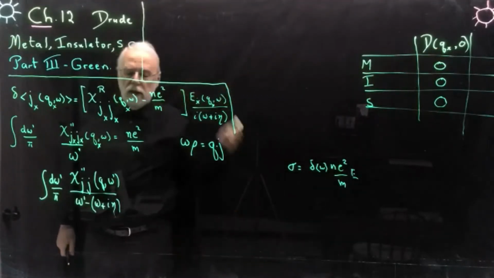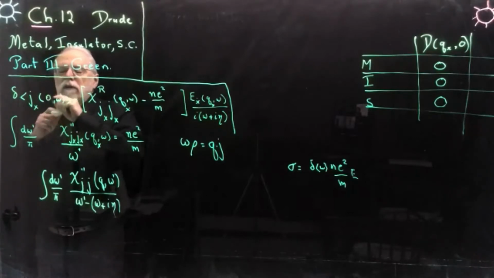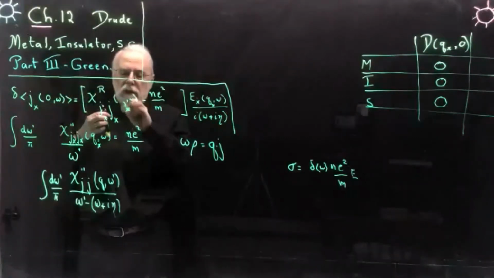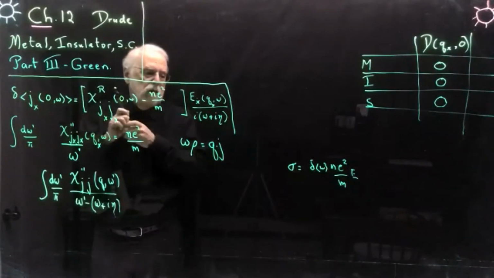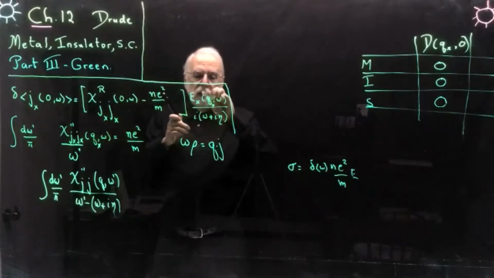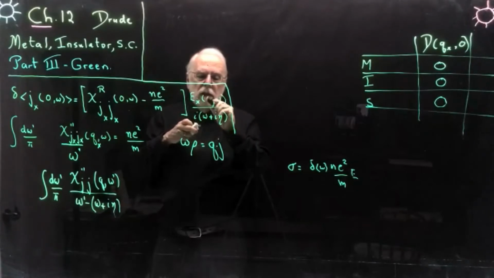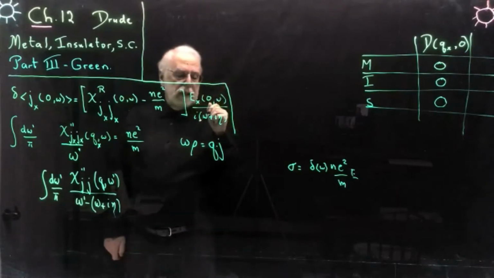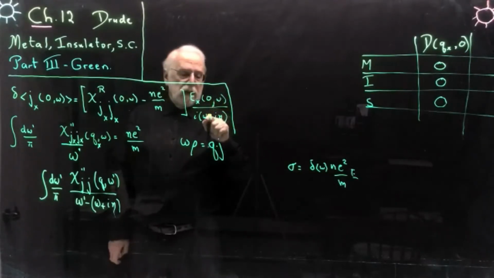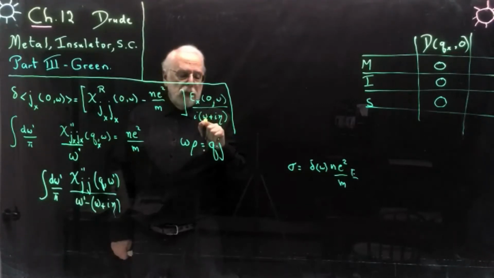On the other hand, if I take the Q goes to 0 limit first, so I take Q equals 0, then you see that I will get a delta function response like this.